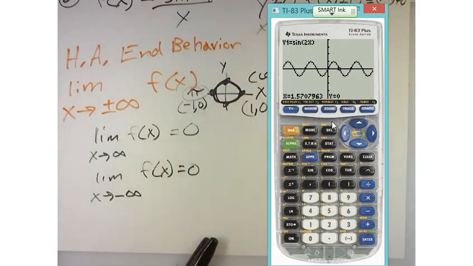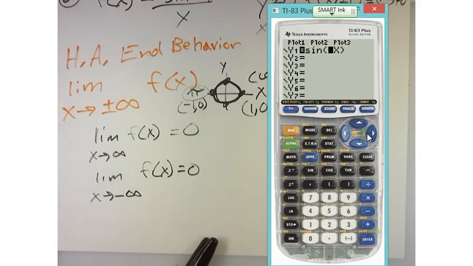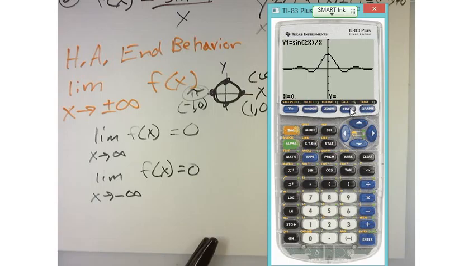And so basically, if I come back here and I say divided by x, and I find the graph, if I plug in trace and I plug in pi divided by 2, guess what my y value is? 0.